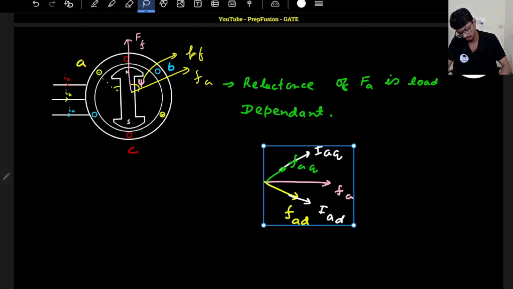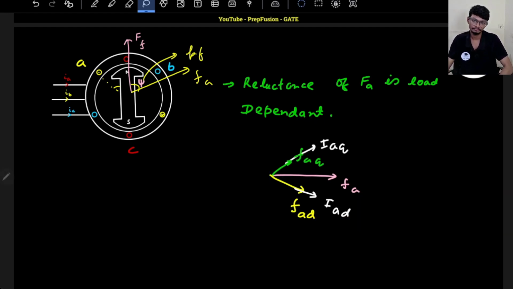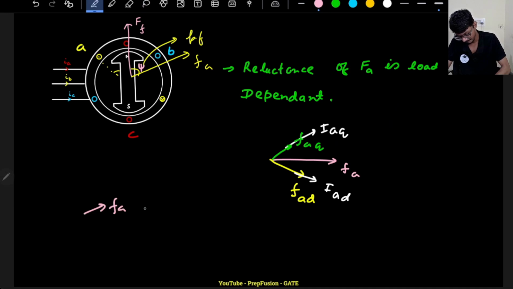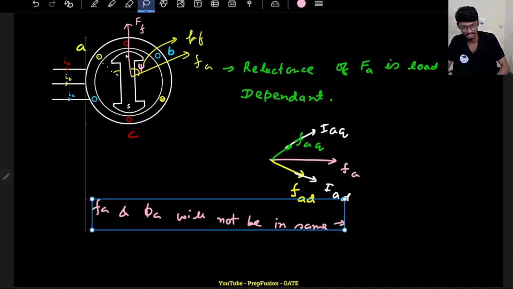Now one key point you have to understand, that your FA and phi A will not be in the same phase. Why? Because I have already told you reluctance is direction dependent, right?